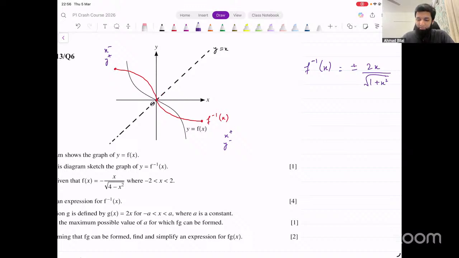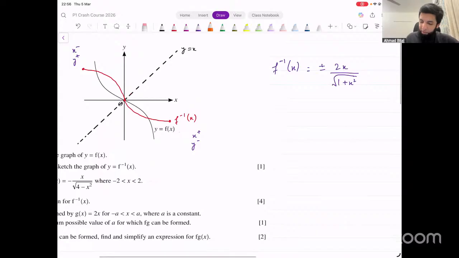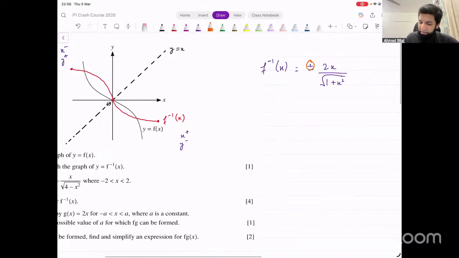What does that tell you? If we use plus here, then if x is positive, plus into plus remains positive. The y value will also turn out to be positive. But if we use negative here, in that case, if x is a positive value, then minus into plus makes it negative.